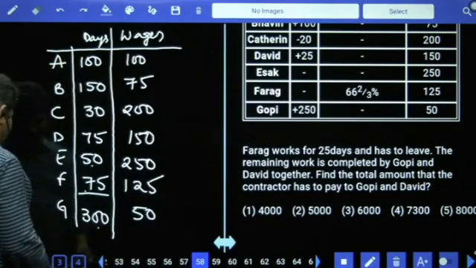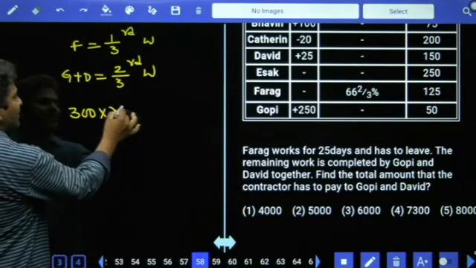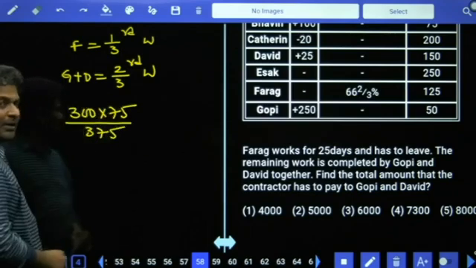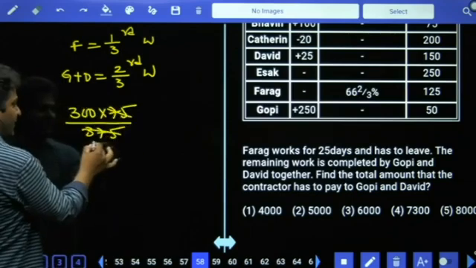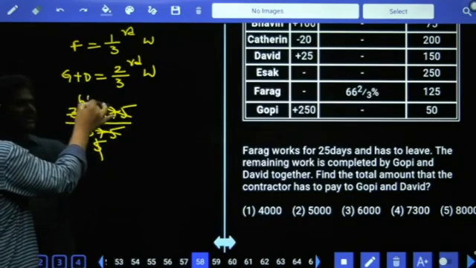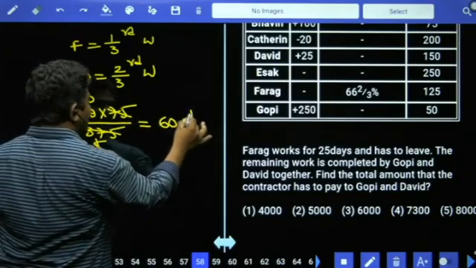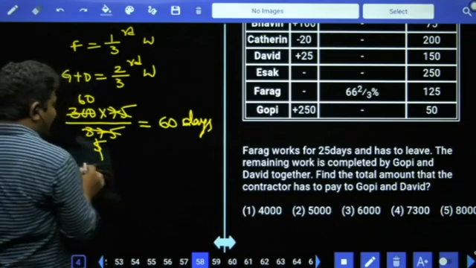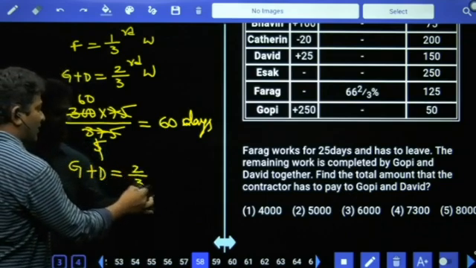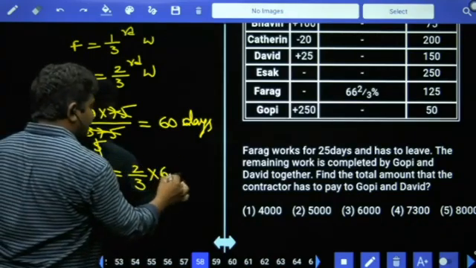The time taken by Gopi and David to complete the work is AB by A plus B, which is 60 days. So to complete the total work they need 60 days. But Gopi and David just need to complete only 2/3 of the work. For that, they take 2 by 3 into 60 days.